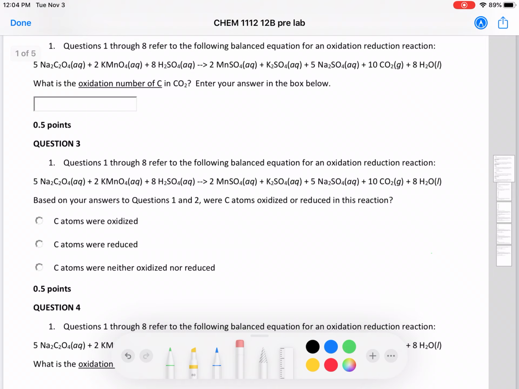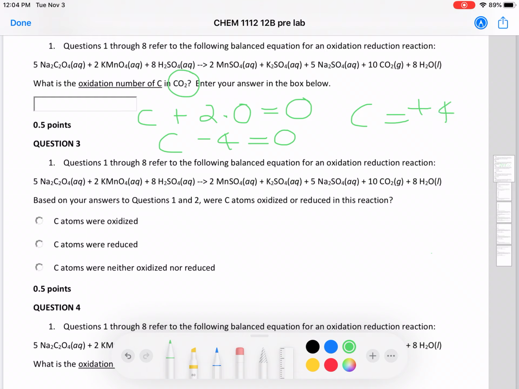Again, this is a neutral compound, not a charged compound, not an ion. So carbon plus 2 oxygens equals 0. Oxygen's oxidation number is -2, so -2 times 2 is -4. Then the carbon would be +4 oxidation state.